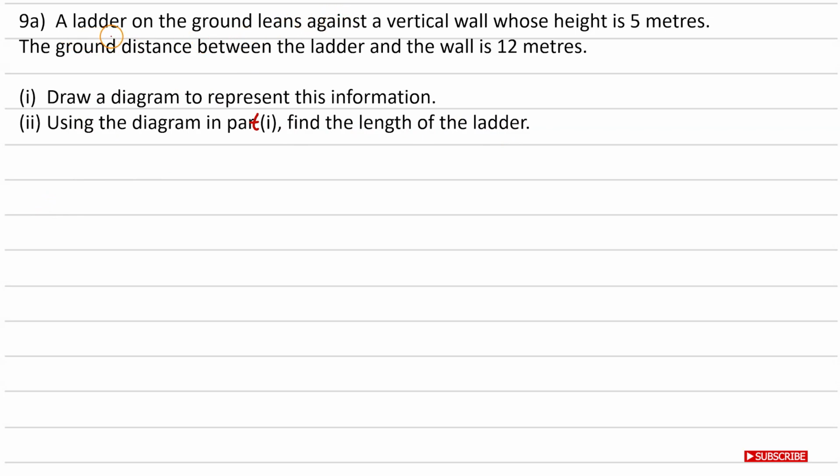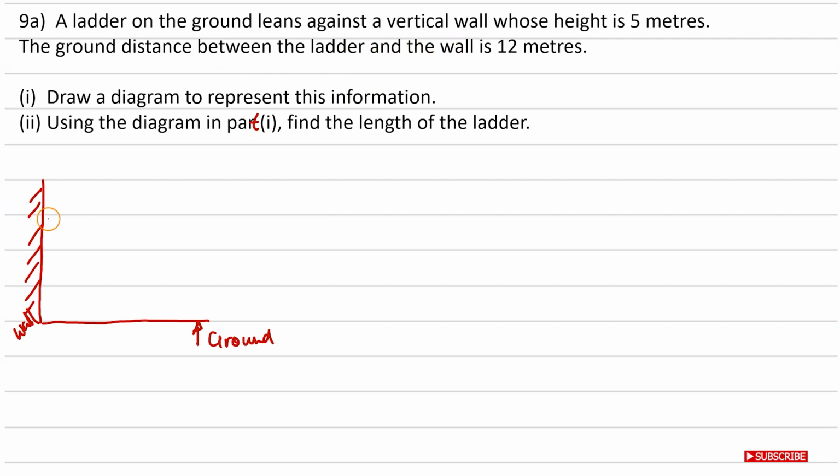So we're told a ladder on the ground leans against a vertical wall. So we're going to assume you need to draw this with a ruler, okay? So that's your wall there. Okay, then you have your ground. So wall, and then you have your ladder.